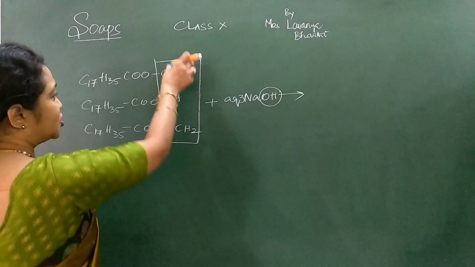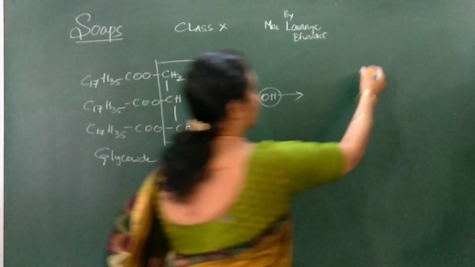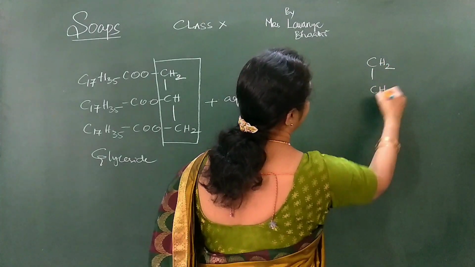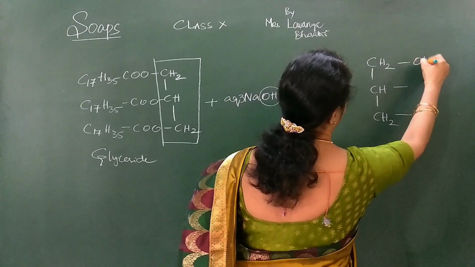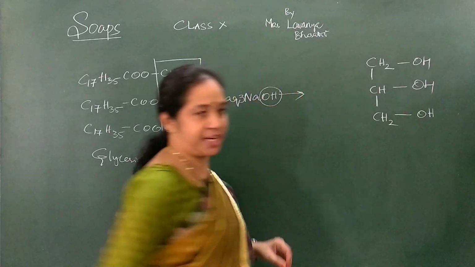So here this chain, you can see there are 3 carbons, a propyl. So here CH2, CH and CH2. This chain is now linked with 3 OH groups. So here glycerol is obtained, right?